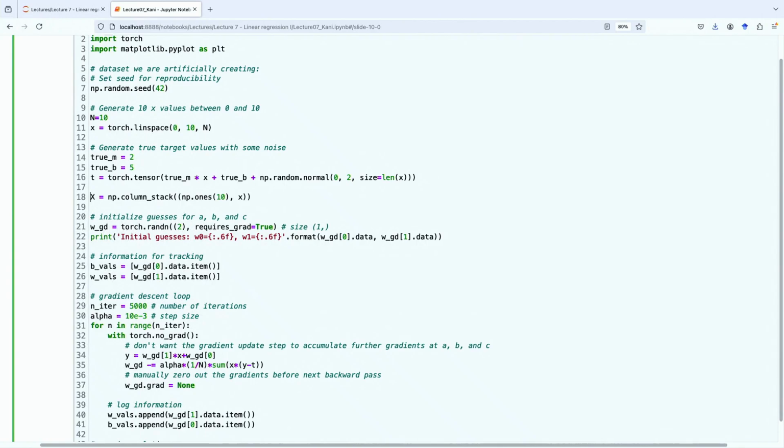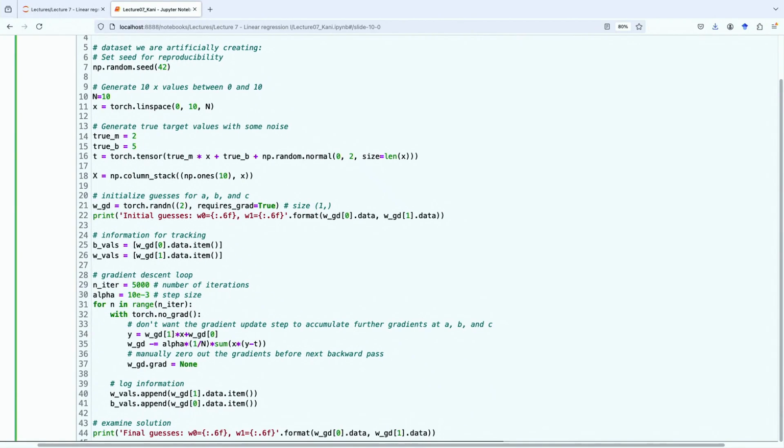The one thing I did, remember I said that I want x not just to be the actual input, I want to actually put a 1 there for the bias, so that's all I'm doing here. I'm creating a vector of 1s and just appending it to the actual input vector to get that matrix version of x. And then I initialize the slope and bias to 2 random numbers.